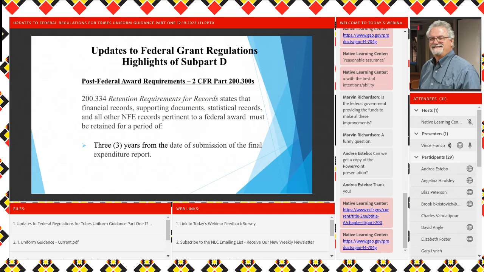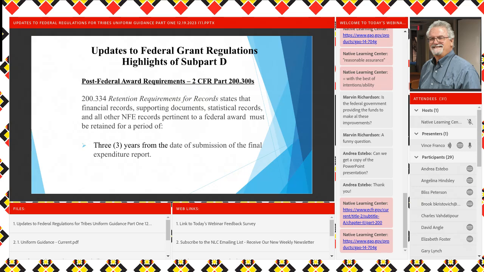Okay, retention of records. These regulations say 3 years. IRS regulations for our taxes that we do at home, our 1040s, that's 7 years. Personally, I don't think 3 years is enough to retain our corporate records. You meet the letter of the law by having 3, but it's not a practical thing to destroy these records after 3 years.